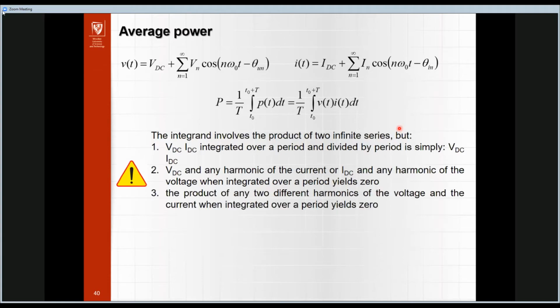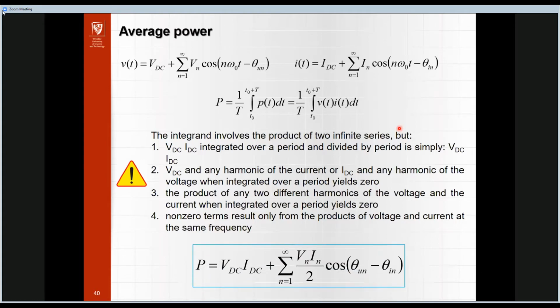The product of any two different harmonics of the voltage and current when integrated over the period is always equal to zero, and non-zero terms result only from the products of voltage and current at the same frequency.